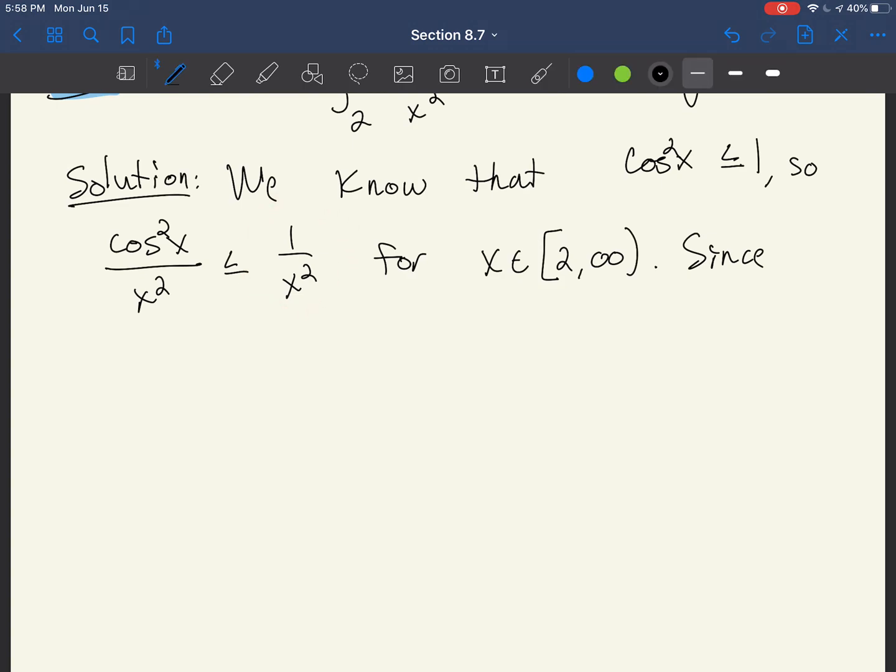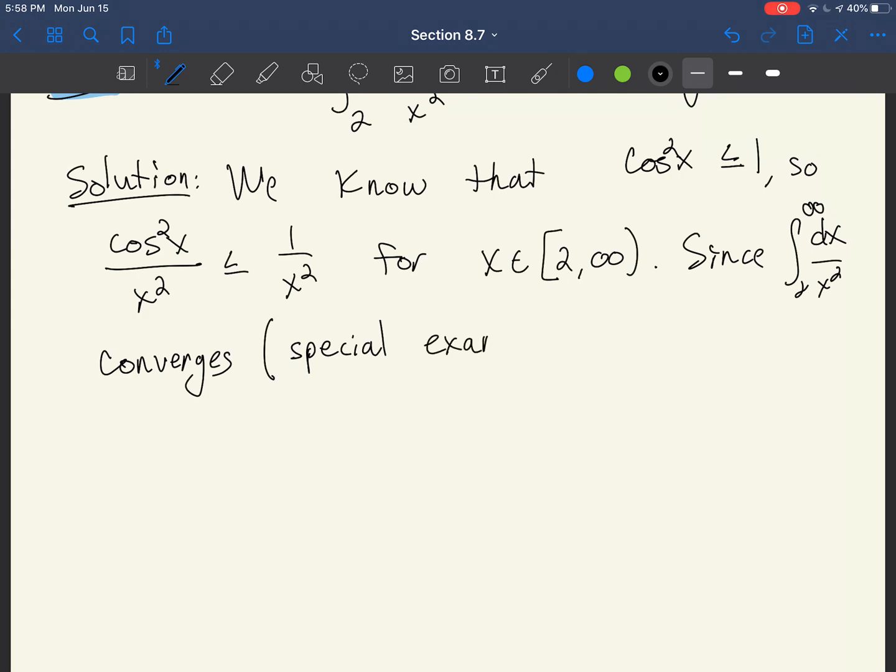Okay, so we have bounded it by something. Now we need to know how this integral behaves. The integral from 2 to infinity of dx over x squared converges.